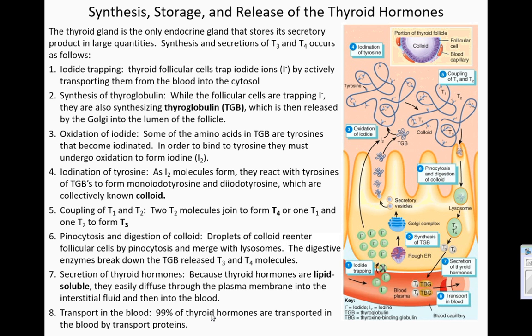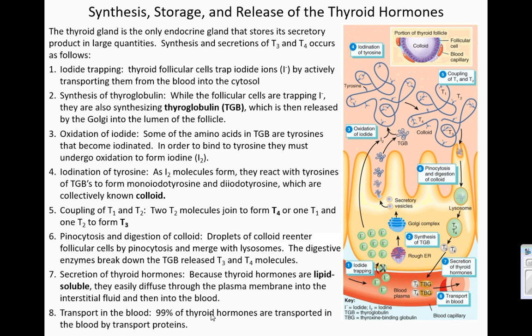It begins with pulling iodine out of the blood and into the follicular cells, which then trap that iodine, which is why we call it iodine trapping. While that's occurring, we synthesize a protein called TGB, thyroglobulin, which is produced by the RER, moved from the RER to the Golgi, and then out of the Golgi into that space where we find the colloid, that fluid.